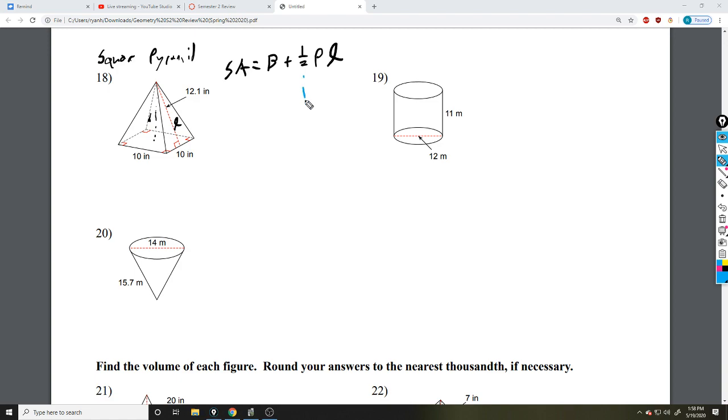Area of the base. Well, area of the base is just side squared, since it's a square. So that equals 10 squared, which is 100. So 100 is our area of the base. 1/2 the perimeter times our slant height.